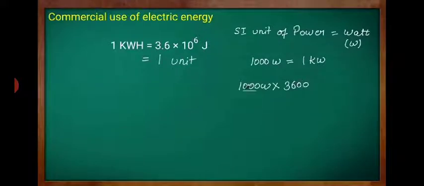So the total is 3600000 joule. We can write this in short as 3.6 into 10 raised to 6 joule, which we denote as 1 unit, also known as 1 kilowatt hour.